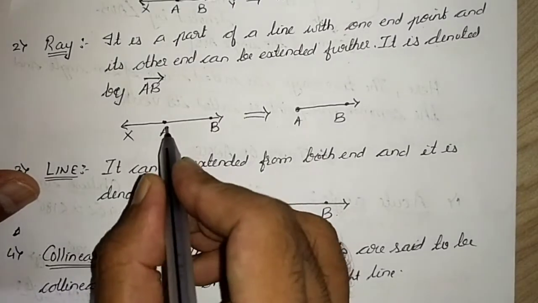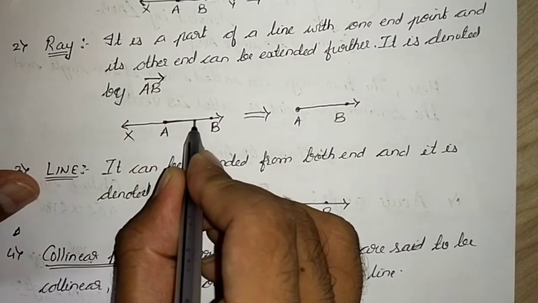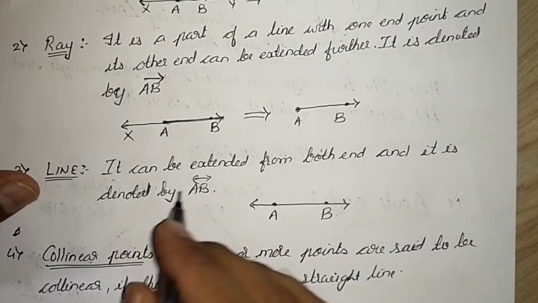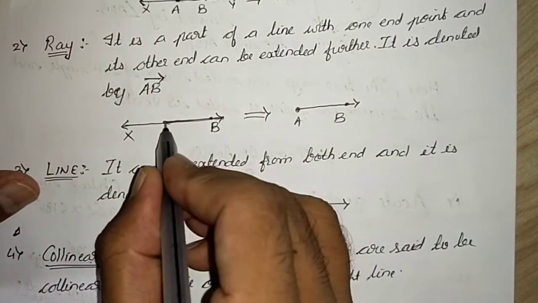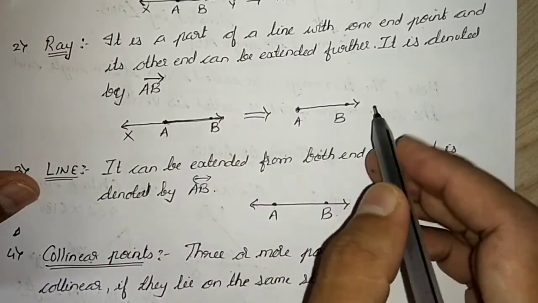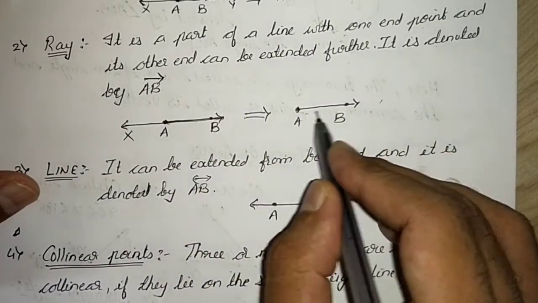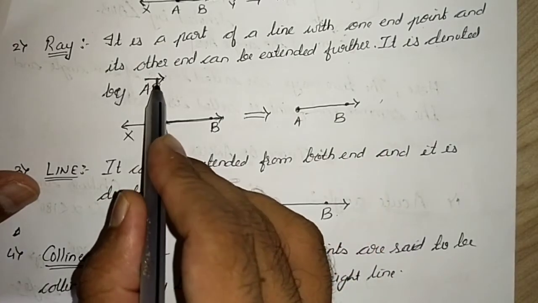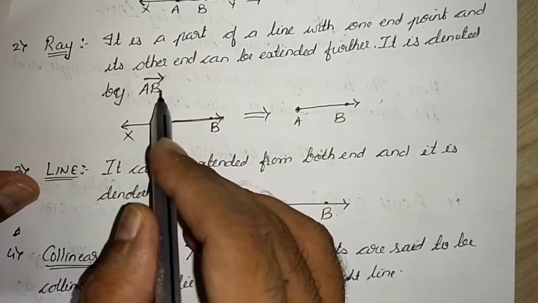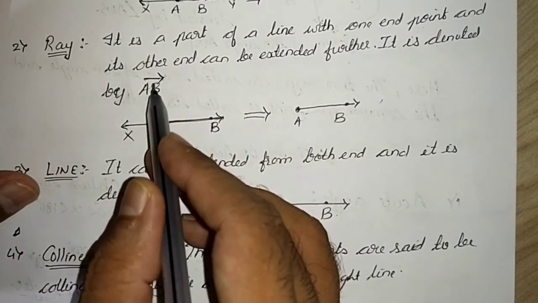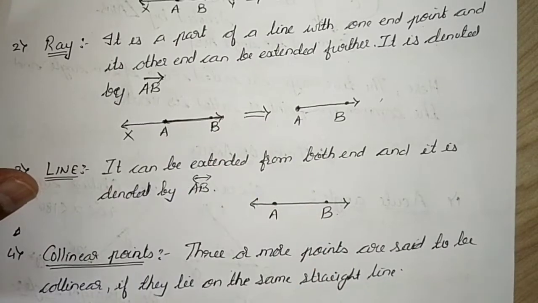A part of a line, with one endpoint, that is A, and the other end can be extended further over here. It is known as a ray, and it is denoted by AB with an arrow, and can be pronounced as ray AB.